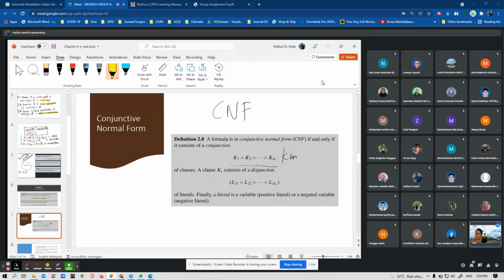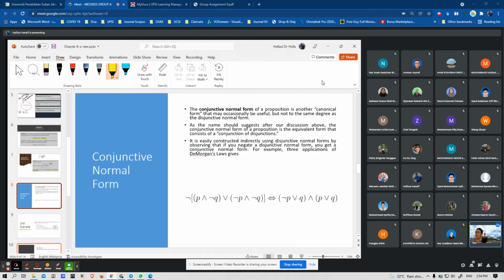Basically, we require a positive literal or a negative literal. The conjunctive normal form of a proposition is another canonical form that may occasionally be useful, but not to the same degree as the disjunctive normal form. We have DNF and CNF.